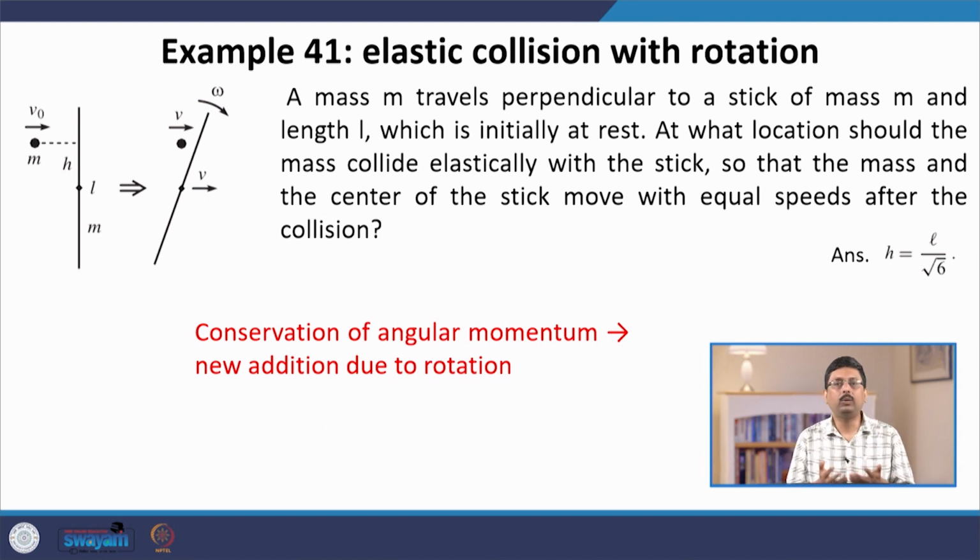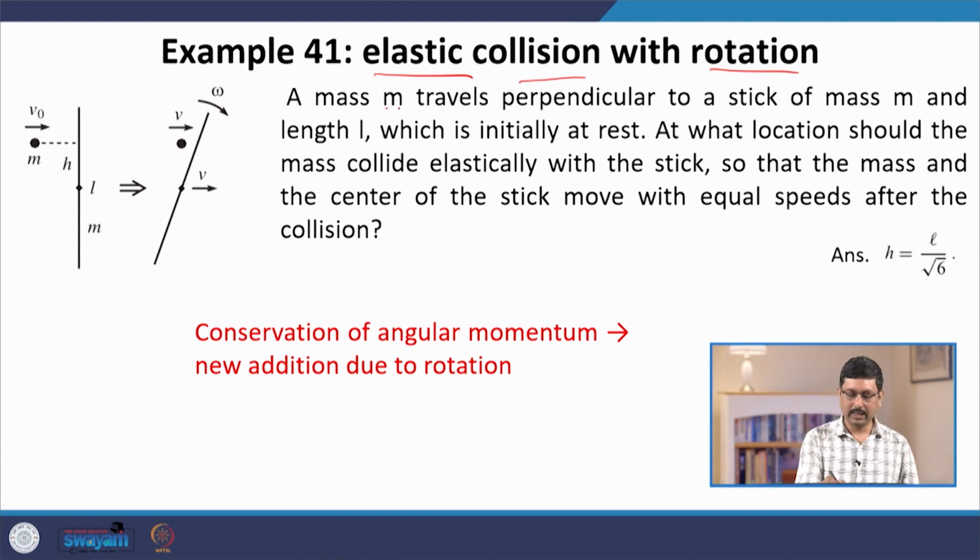The typical example I have in mind is something like a ball hitting a bat. This is a simplified version of this problem, an example of an elastic collision with rotation.